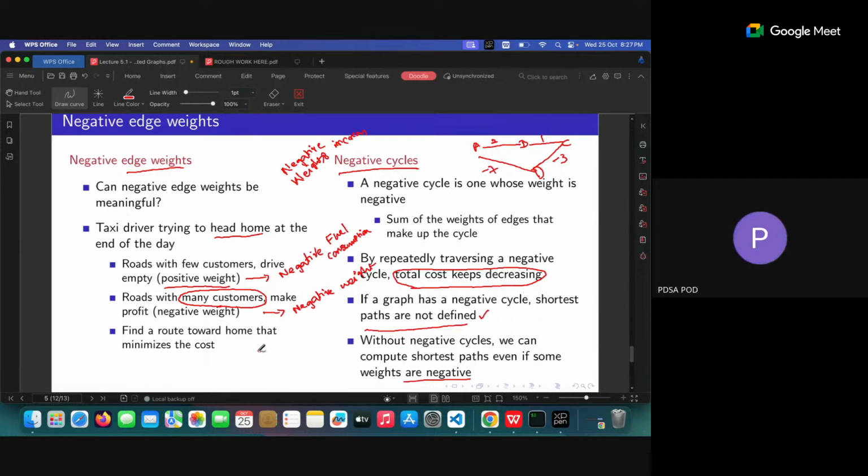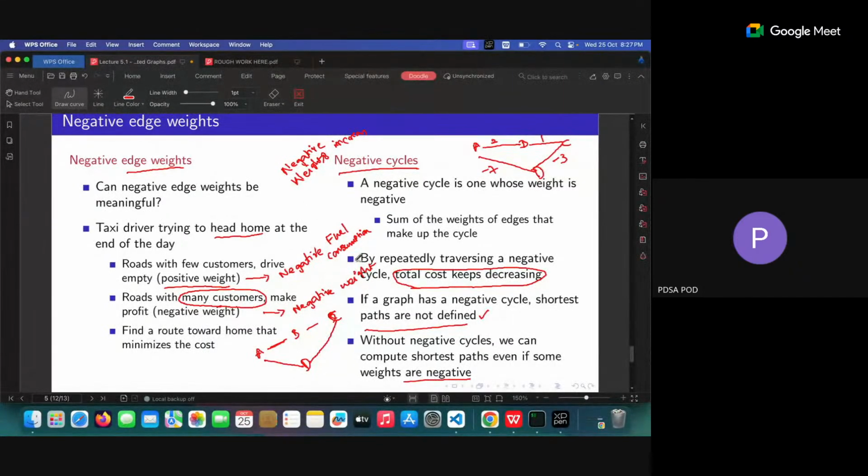A negative cycle is where you are going from A to B and B to C. You might have another node D, again from C to D, and this A to D is there. So you are trying to reduce that. Sorry, it's not directed because we are not considering direction right now.